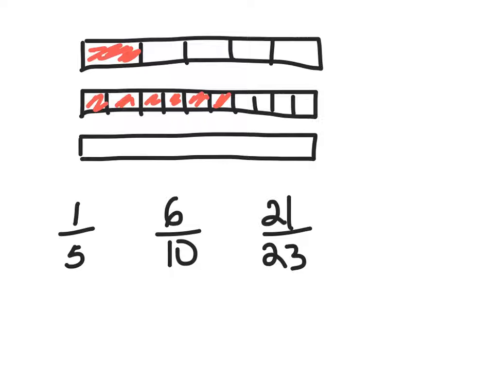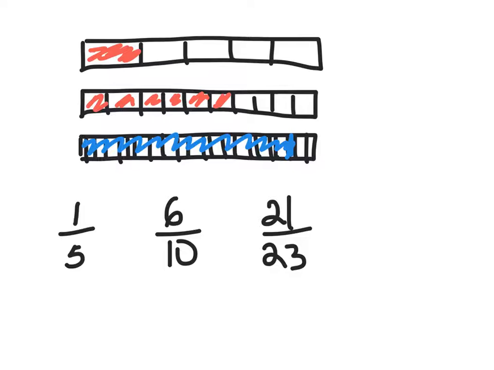And now if I'm doing 23rds, okay, not quite equal. And this is one of those problems of actually trying to draw it out. But if I were to color in 21, I know that there's just 2 pieces missing.